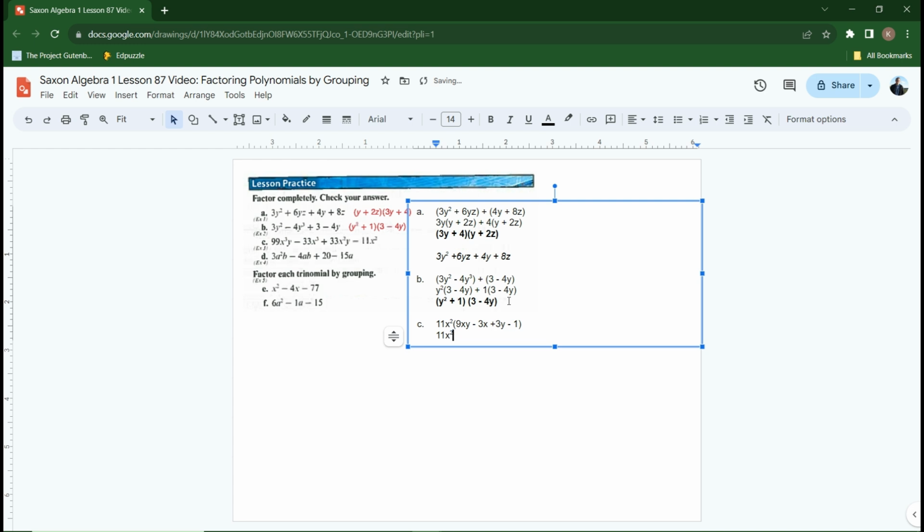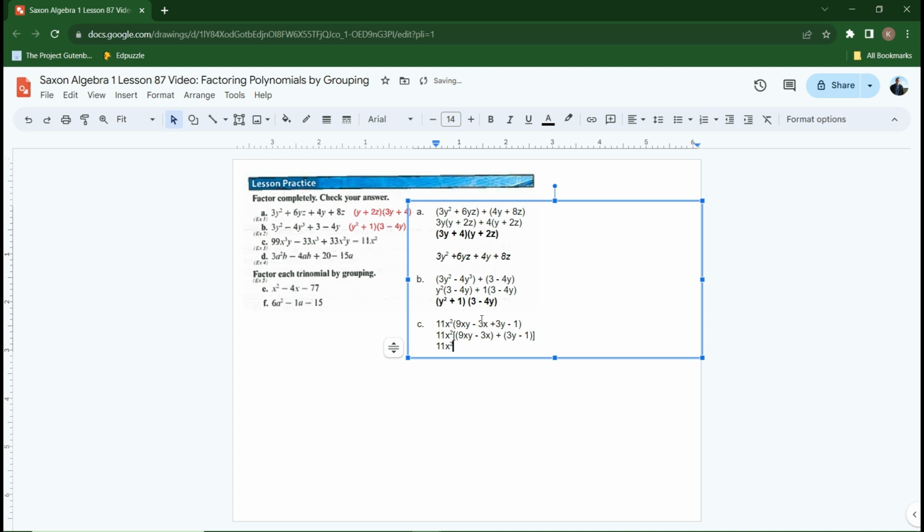But then I'm going to group the things that are in here, 9xy minus 3x. Okay, that's my first group. Plus, and then my second group is going to be 3y minus 1.